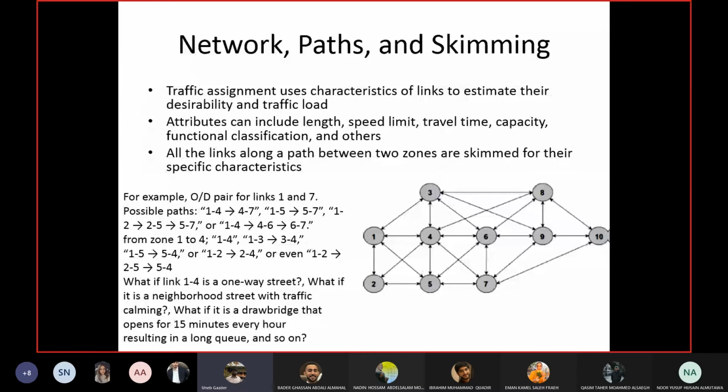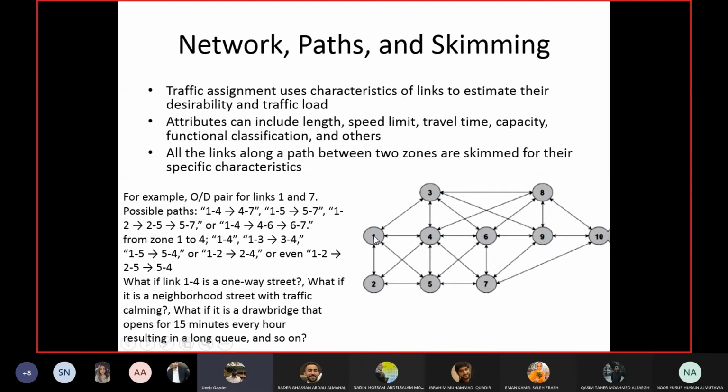For example, consider the link between zone 1 and zone 7. Now, how can I go from zone 1 to zone 7? There are different paths possible for me. One path is to go from 1 to 4, then 4 to 7. This is one path, 1 to 4, 4 to 7.